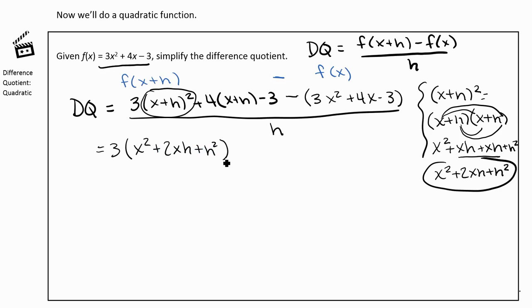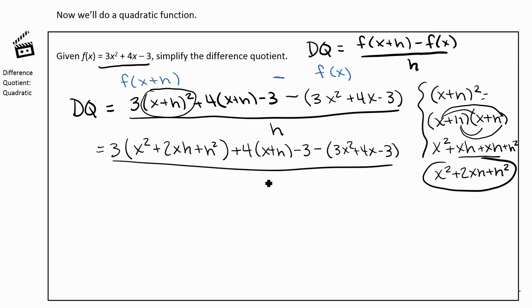And for the rest of the step I'm just going to write everything we've had before, plus 4 times x plus h, minus 3, minus 3x squared plus 4x minus 3, all over h.